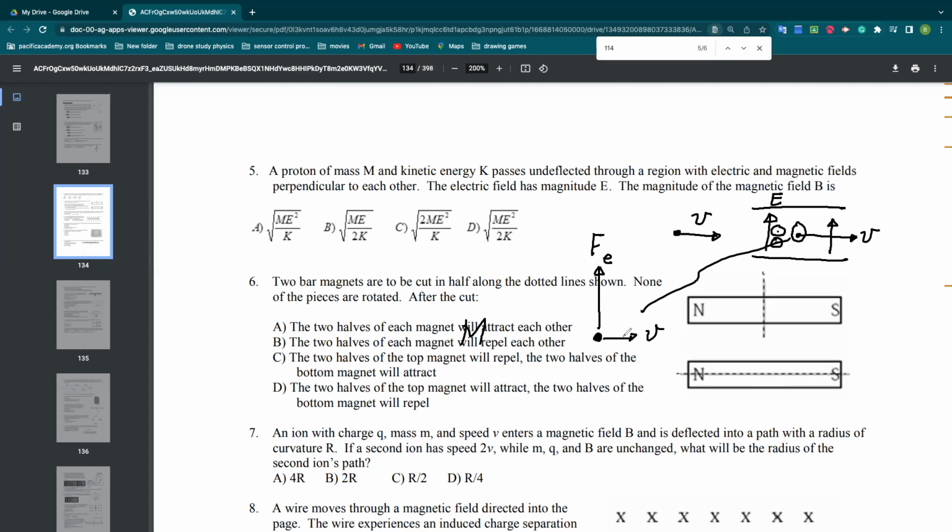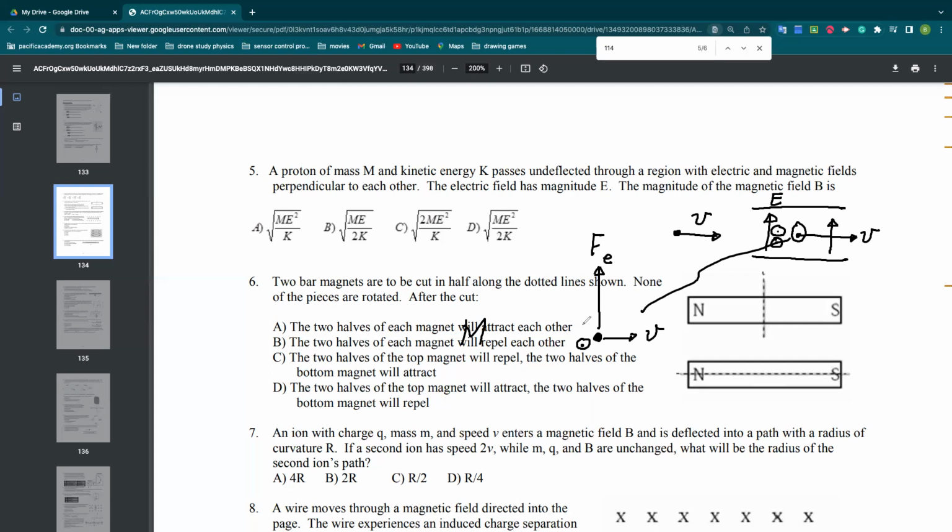And for the magnetic force, since the magnetic field here is pointing out of the page, using the right-hand rule, the forefinger is the v direction, and then your bent fingers point toward the outer page.